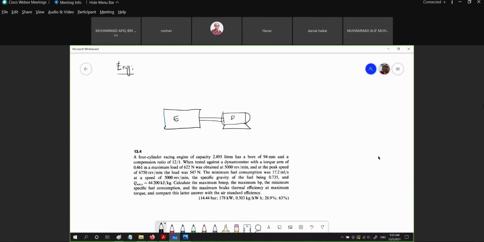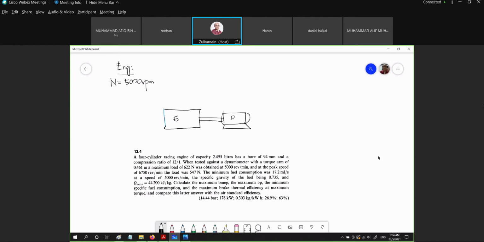And then we know that we have 2 RPM. The testing is done at 2 RPM. The first RPM is given right here as 5,000 RPM, and another one is at 6,750.